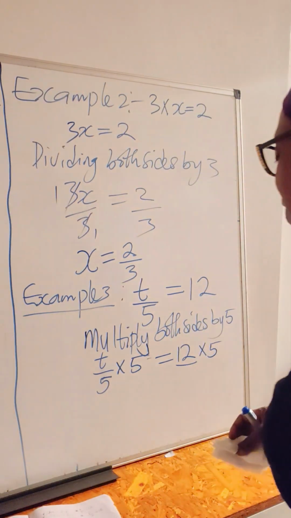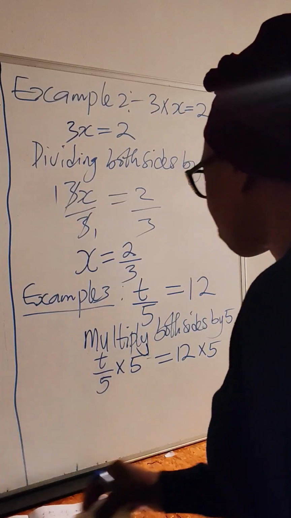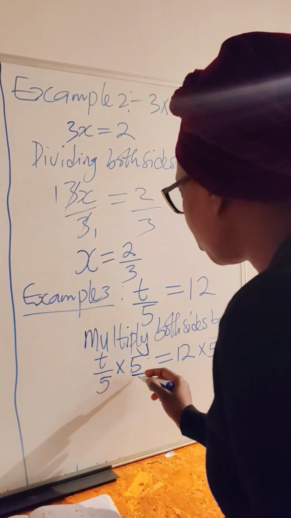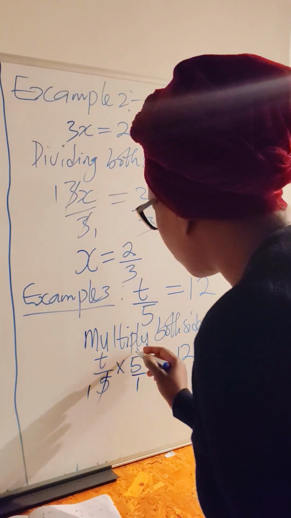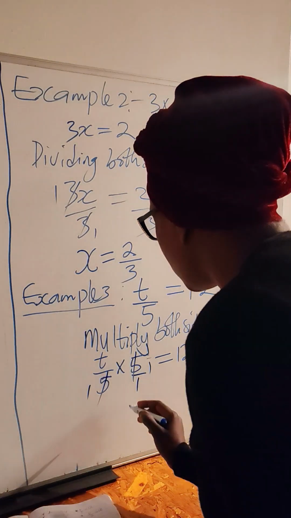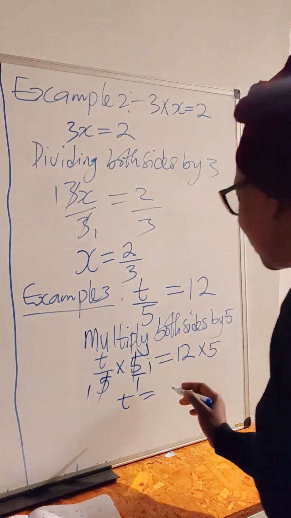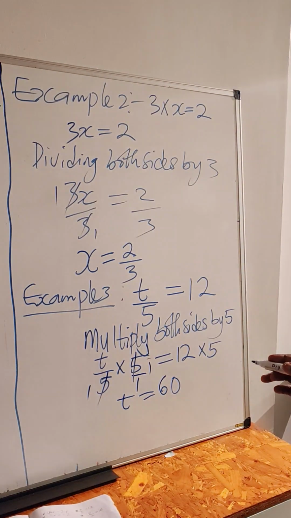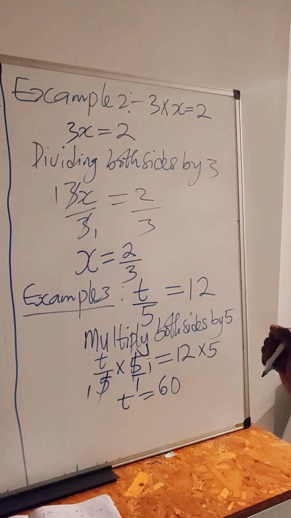With this, we are able to get rid of this 5 here, 5 here, 1 and 1, left alone with t. And 12 times 5 gives us 60. So the answer is t equals 60.